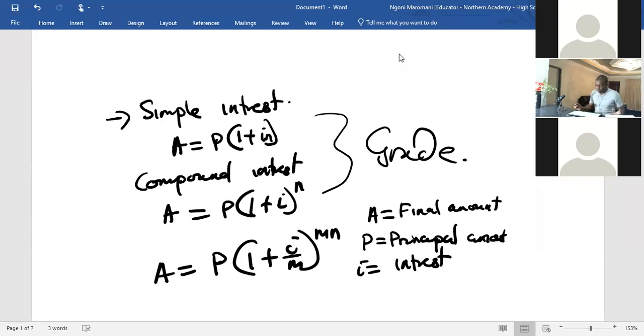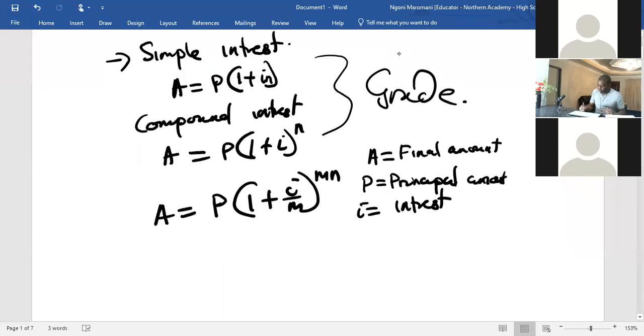Then we are also left with m. What's our m? What does m represent? It's the number of compoundings per year, which means how many times we are adding interest. Are we getting that?